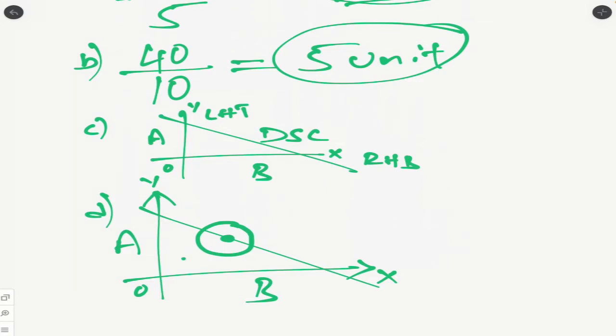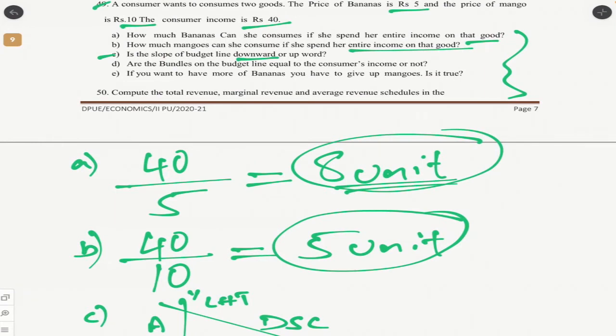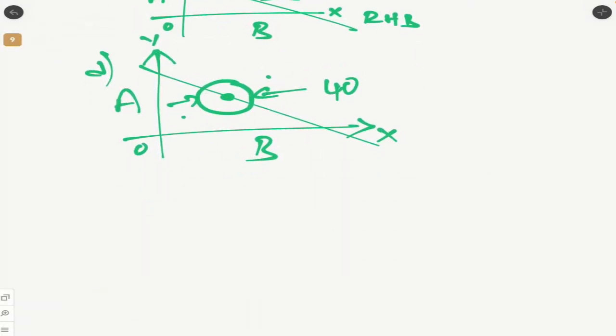Any combination which is within the budget line is less than the income. Any combination which is beyond the budget line is greater than the income, but any combination which is on the budget line, its expenditure is exactly equal to the income, and in this case it is rupees 40. So yes, it is equal. Yes is the answer for this.